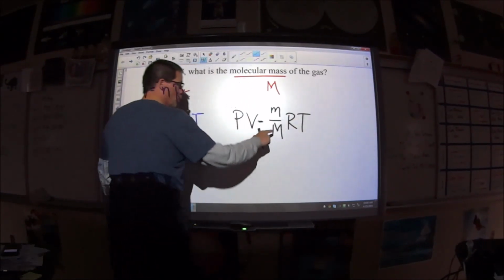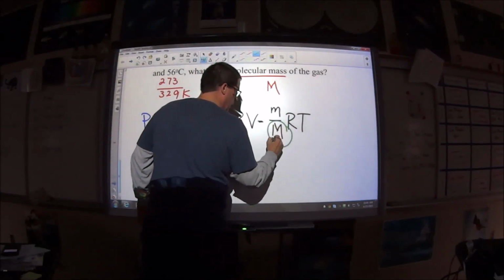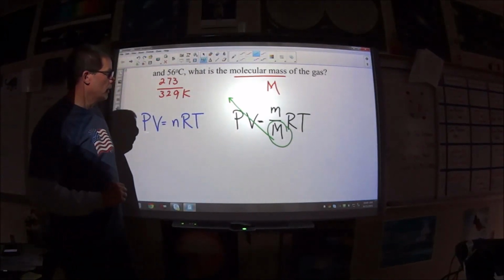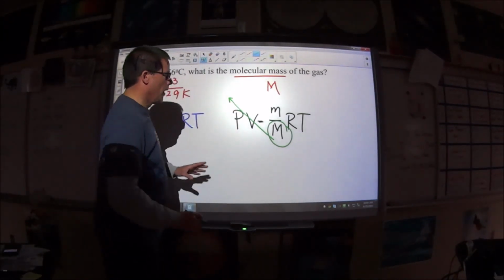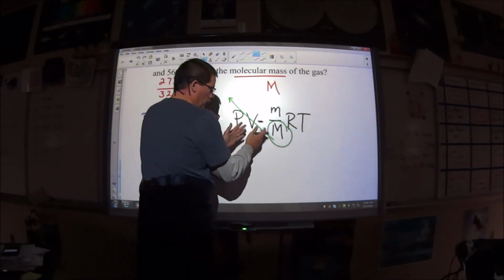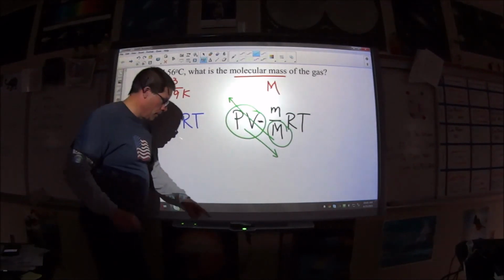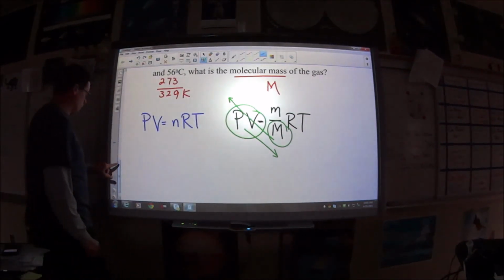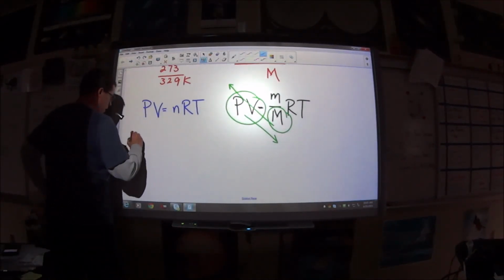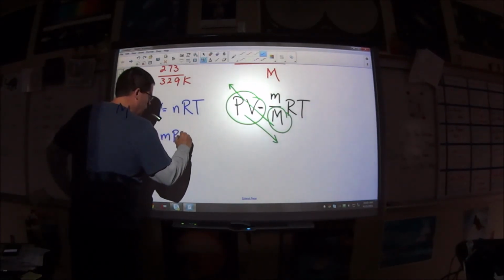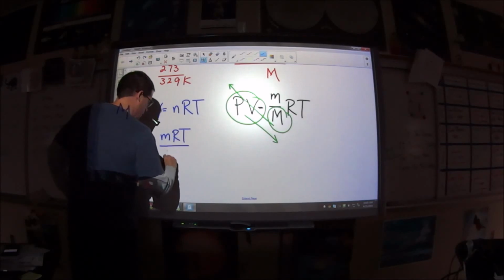And this time I'm looking for big M, only big M. So I'm going to make sure that is in the numerator. So I'm going to multiply that on both sides. Also, I want to get that all by itself, so that means I'm going to divide by P and V. So now my equation looks like this. I have big M is equal to little m RT divided by P and V.